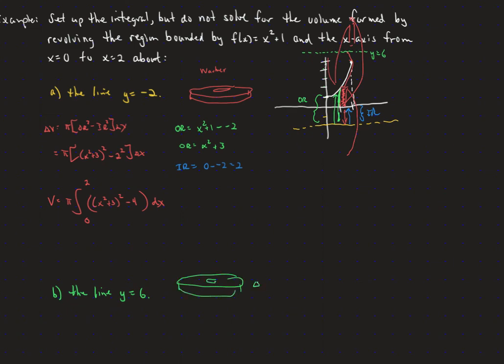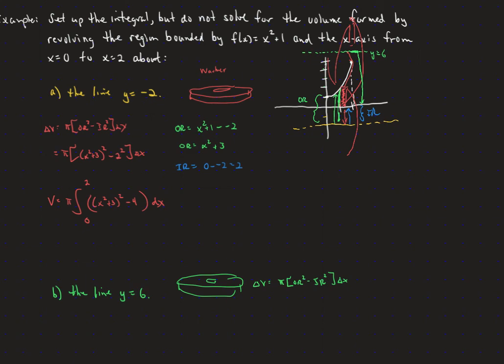And so our delta volume is still going to be pi times outside radius squared minus inside radius squared times that delta x. Now in this case, the outside radius is going to go from our axis of revolution, that's right in here, to the outer edge of our solid, which is going to be right down here on the x-axis.